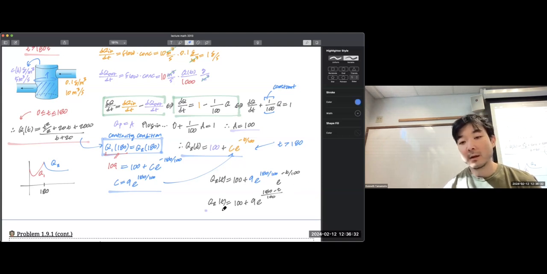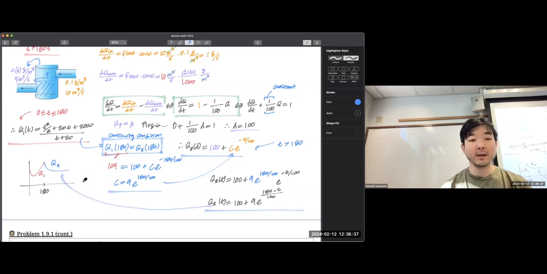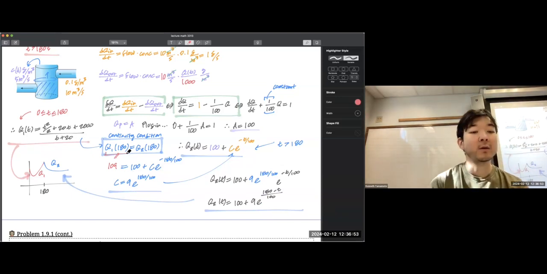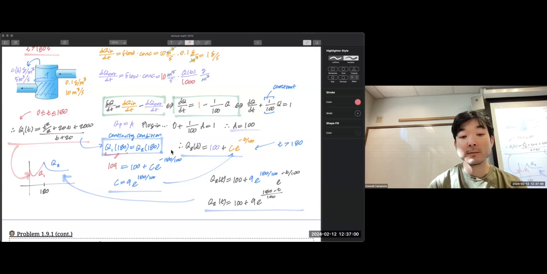This will be after it overflowed. So this graph will be like this piece right here. And then of course this graph was from before. It's going to look kind of like that piece right there. Then the C here that we found, this blue one, is guaranteeing that they will be continuous right at 180. So you're not having salt suddenly appear or disappear in the tank right when it overflows.